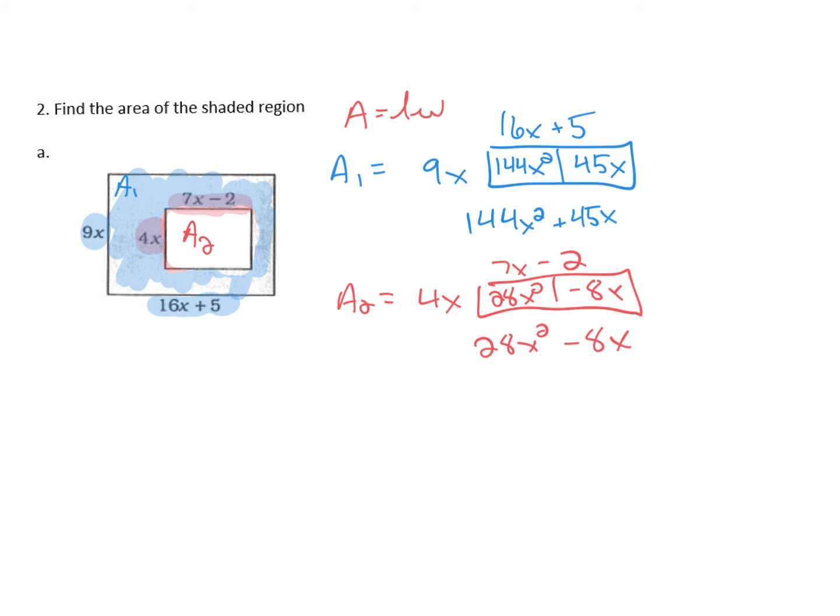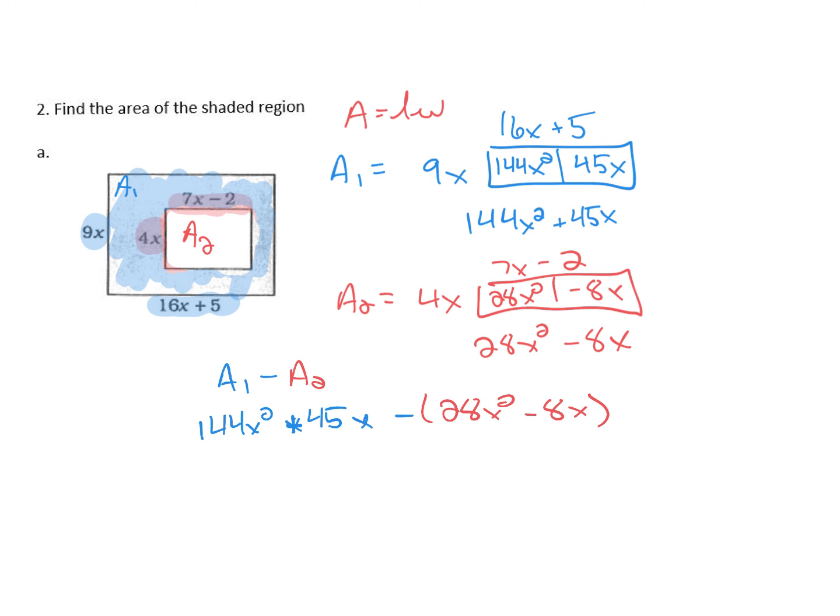So our next step is simply going to be area 1 minus area 2, which at this point we just need to use our subtraction to solve. So that's 144x squared plus 45x, and that is going to subtract out this 28x squared minus 8x.